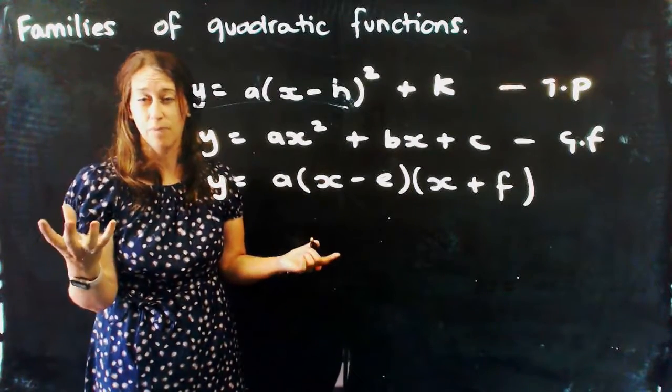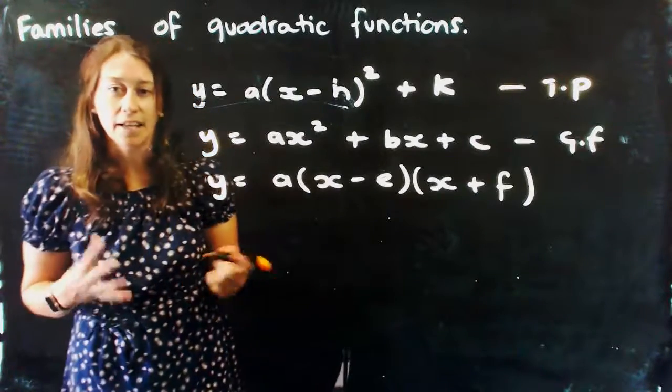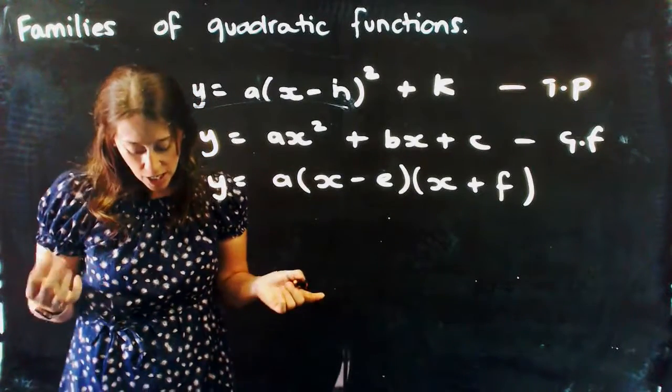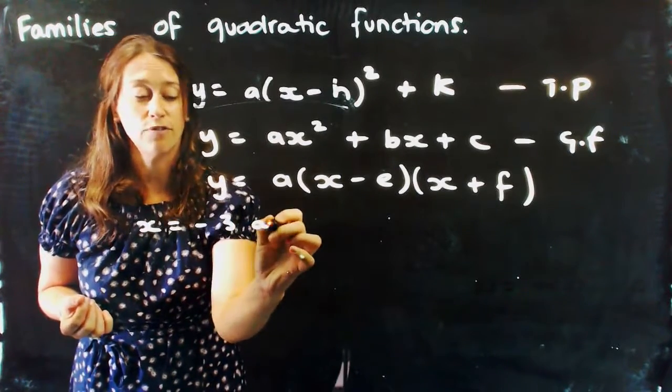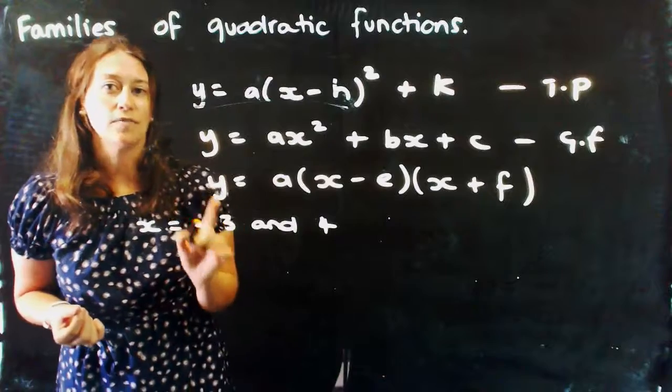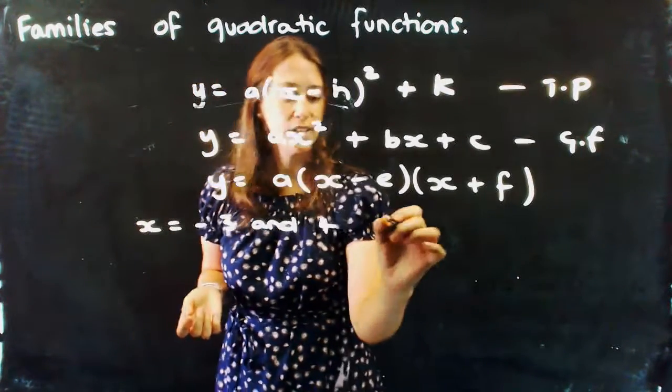You'd need another coordinate to be able to solve for a. Let's suppose the x-intercepts are -3 and 4, and this curve also passes through the point (1, 24).